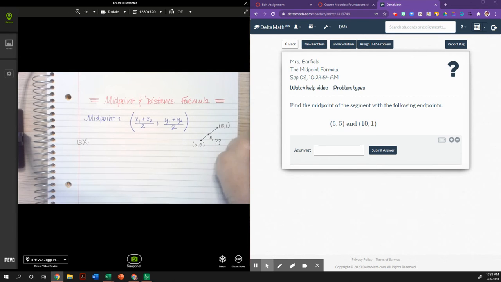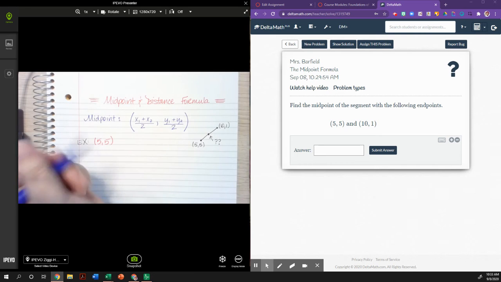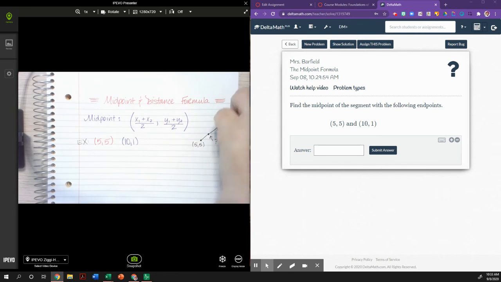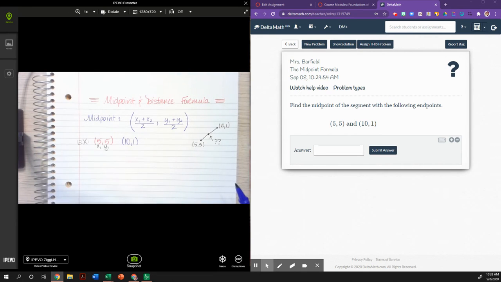All right, so if I have the points 5 comma 5, and then I have the point 10 comma 1, so this is x1, y1, this is x2, y2.